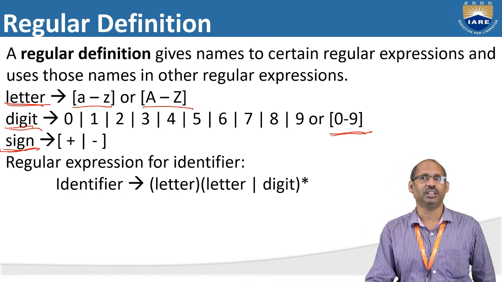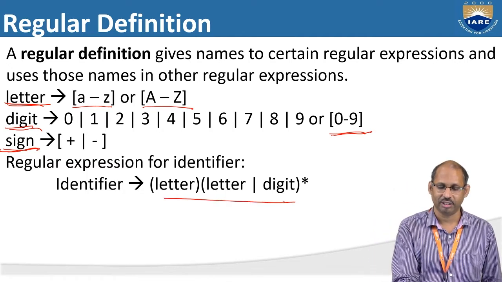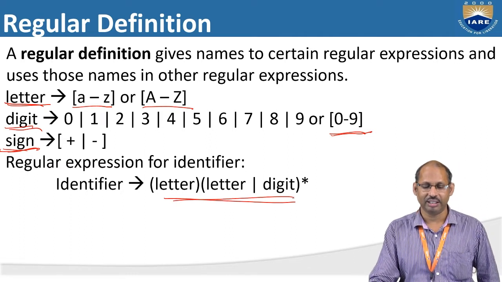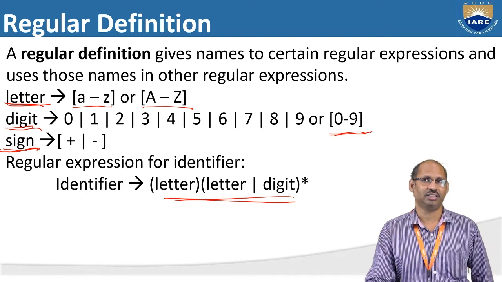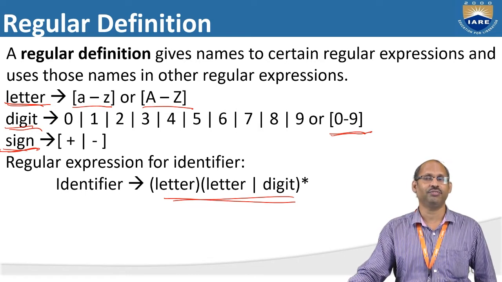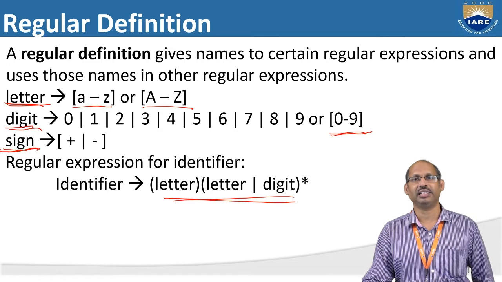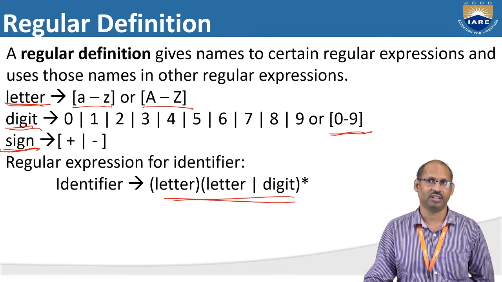Regular expression for identifiers: identifier is letter followed by letter or digit star. Okay? A regular expression for identifiers: letter followed by letter or digit star.